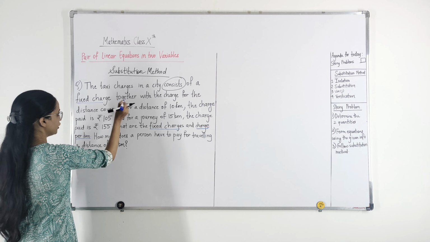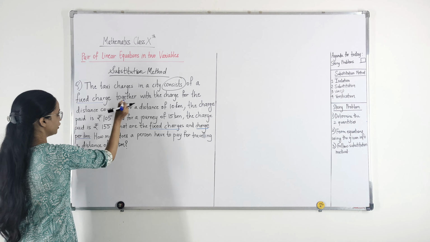So can we say that whatever your taxi is going to charge you, it consists of two charges. One is a fixed charge that they would be charging, and the second charge is for the distance that you have covered. These are the two quantities whose addition will actually give you the total taxi charge.